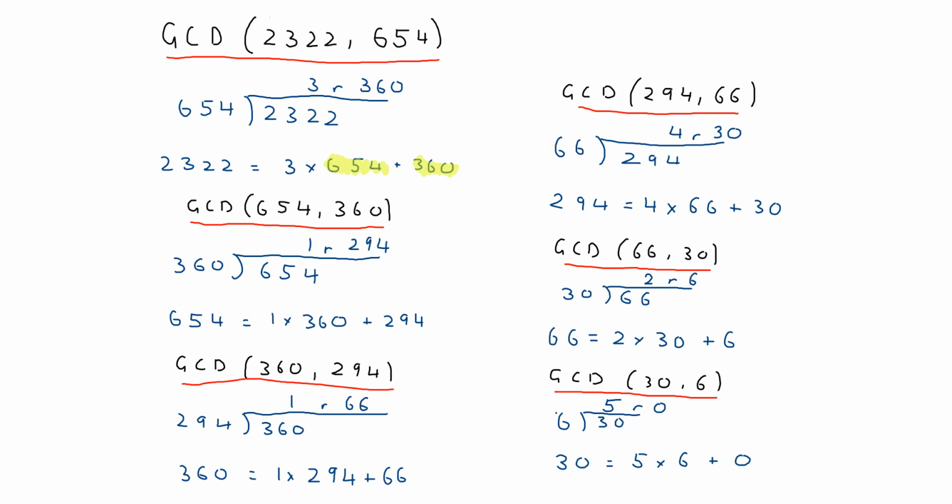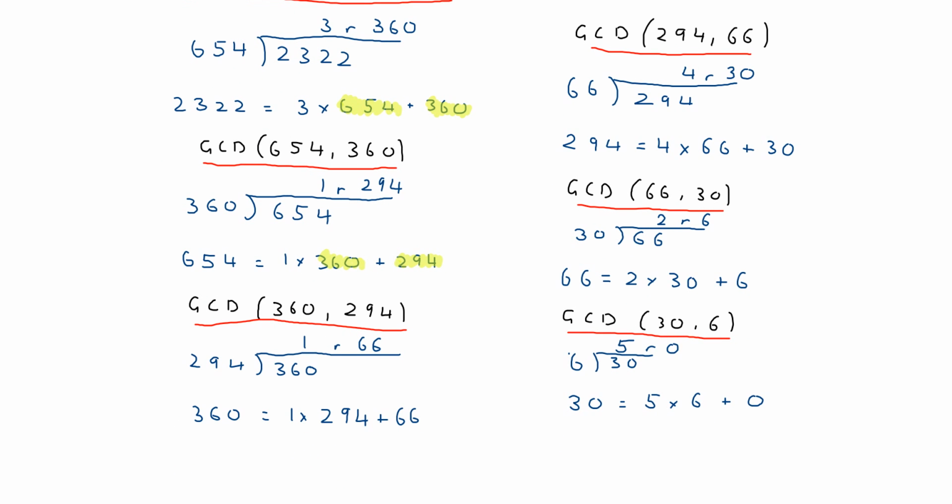So now I want the greatest common divisor of 360 and 294. I repeat my process. I divide 294 into 360, and it's 1 with 66 remainder.